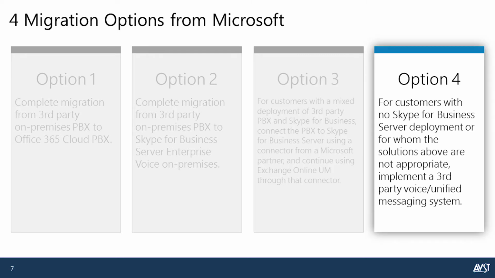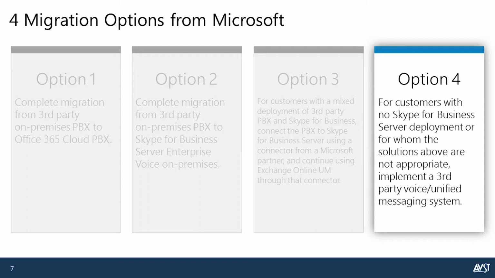Option number four, for customers where option number one, two, or three doesn't work for them, the other option is to deploy an alternative unified messaging system. And that system could either be hosted or on-prem, but essentially the system will integrate to your third-party PBX and integrate into that Exchange Online or the Office 365 environment.